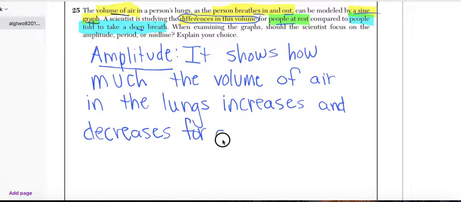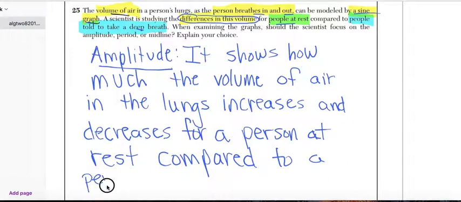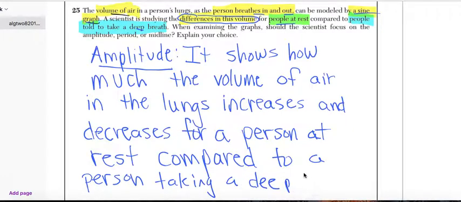For a person at rest compared to a person taking a deep breath. All right, this is for a person at rest. It doesn't increase and decrease as much, but when they're taking a deep breath, it increases and decreases a lot more.